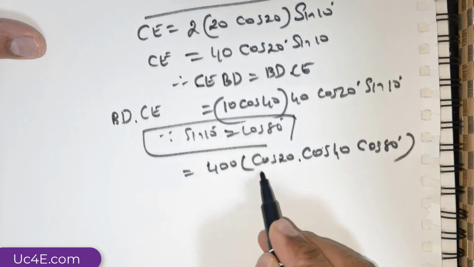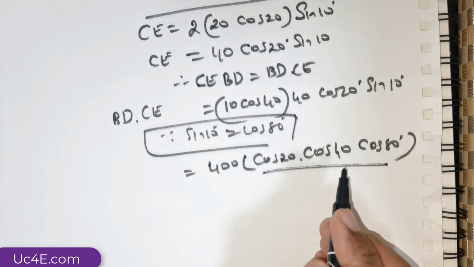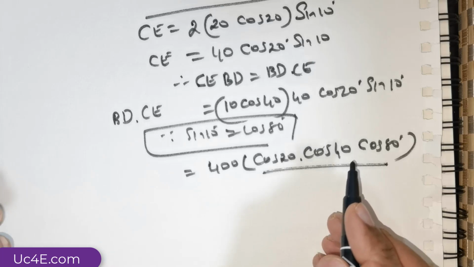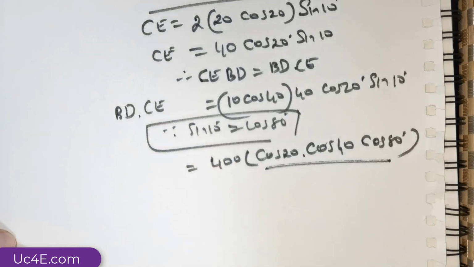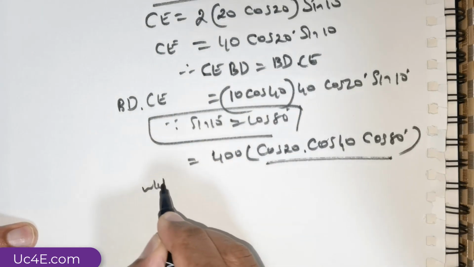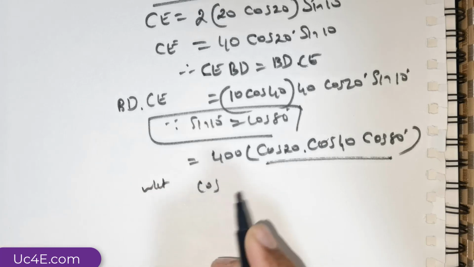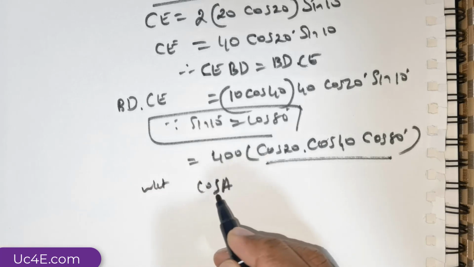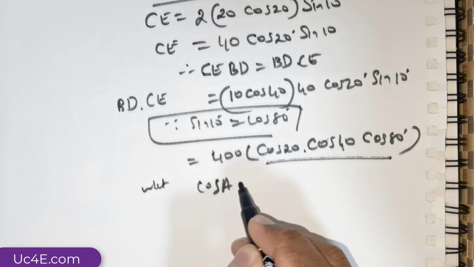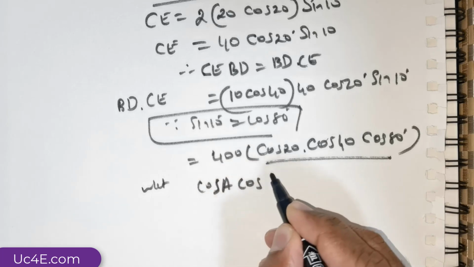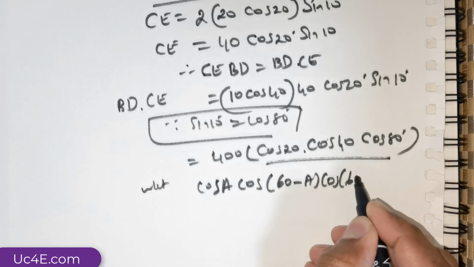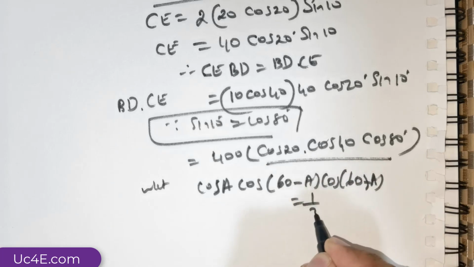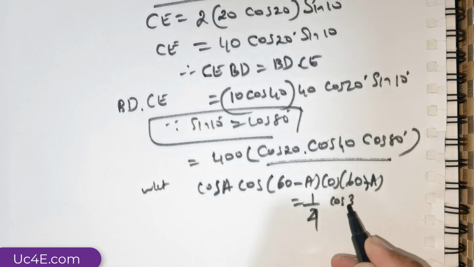Now do you remember a formula, or I should say we have already done a formula connecting this information, right? If you could remember that formula for a minute. Now let me state that formula. We know that we started with this formula, which is represented as follows: cos A times cos of 60 negative A times cos of 60 positive A is equal to 1 over 4 times cos of 3A.